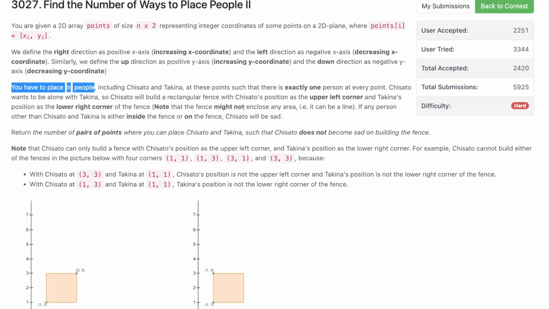Now the condition is Chisato should be at the upper left corner and Takina should be at the lower right corner of the rectangle which will be formed by taking Chisato's point and Takina's point.